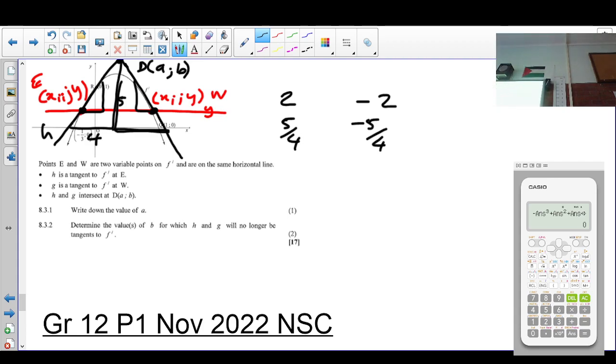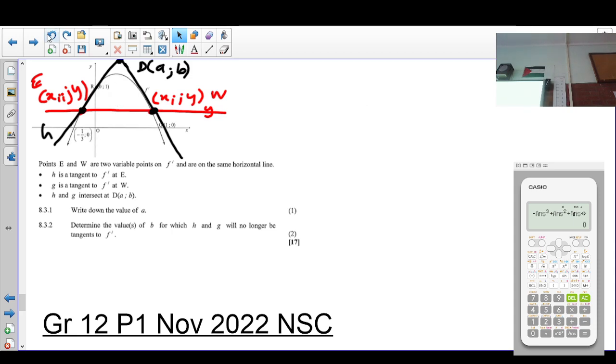Okay. So which means to say that the A value is actually happening midway between these two points at any given point. Which means to say the axis of symmetry is that line going through here. Can you see that? So that axis of symmetry, that distance will be the same as that distance. That distance there will be the same as this distance, but it will still share the same midpoint. Can you see that?